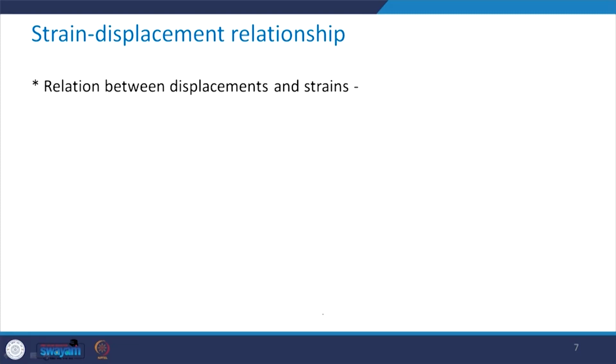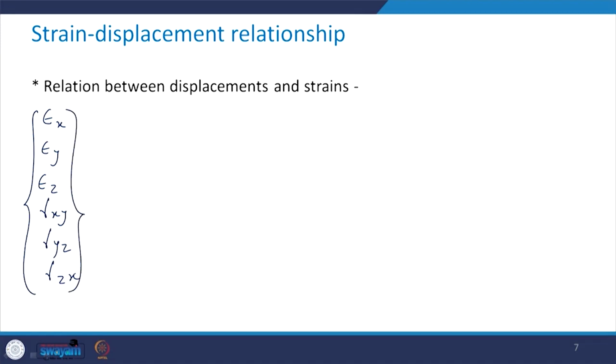What is the relationship between displacements and strains? Let us see. Again we will write it in the form of a matrix. We have the strain vector as epsilon x, epsilon y, epsilon z, then you have the shear strains gamma xy, gamma yz and gamma zx.